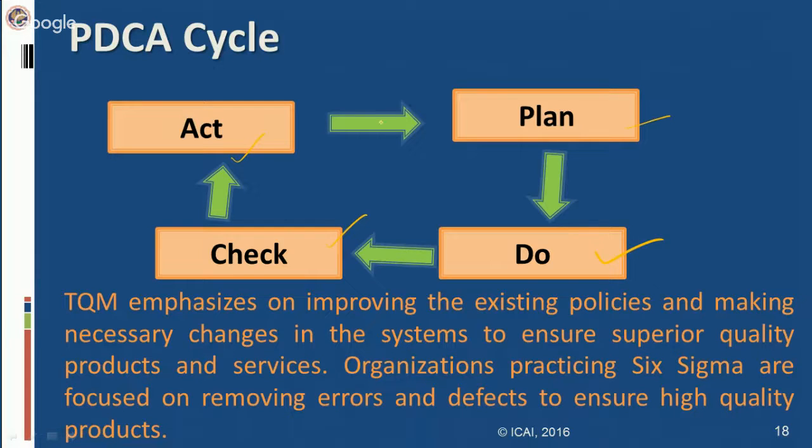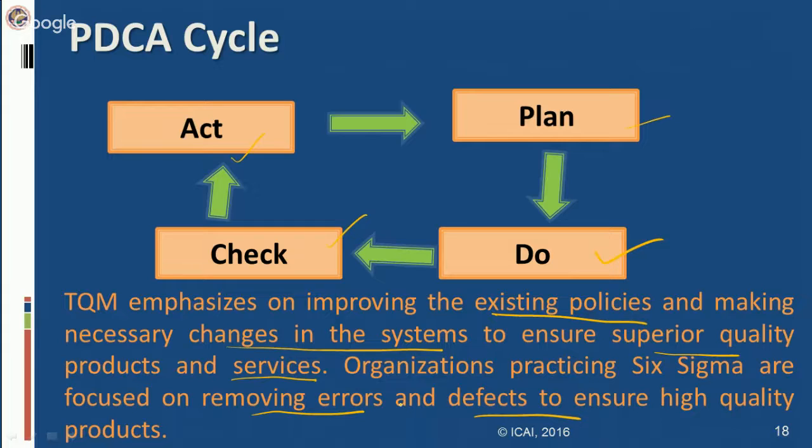So this again is a continuous process, and TQM emphasizes improving the existing policies and making necessary changes in the systems to ensure superior quality products and services. Organizations which practice Six Sigma are focused on removing errors and defects to ensure high quality products.